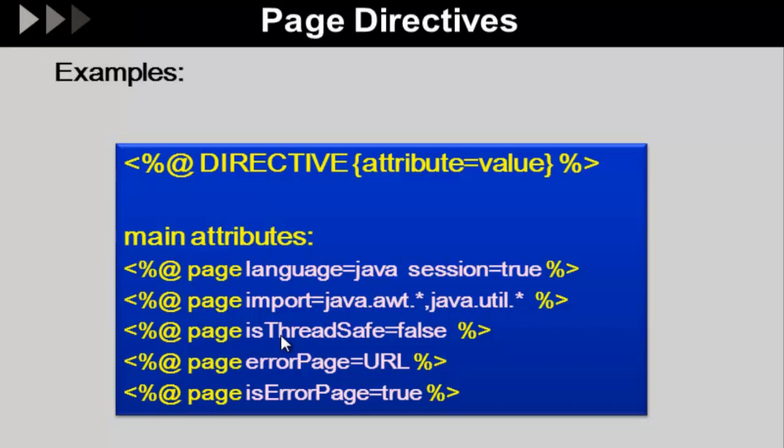What is one problem that you encounter with threads? Yes? Synchronization. So when does the problem of synchronization occur? Multiple threads are running. That's when the problem comes.